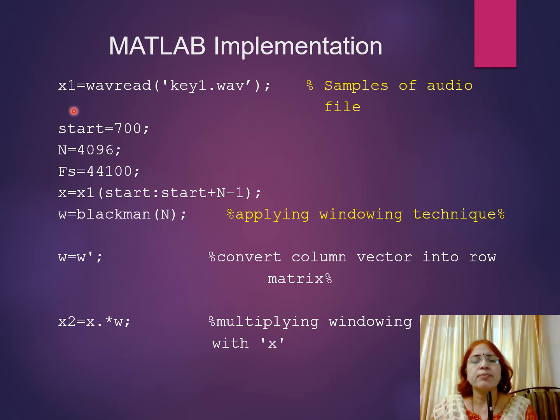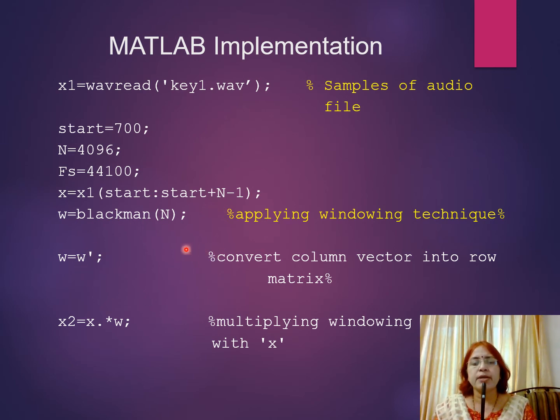X1 are the samples of the audio file. After that we are going to leave the first 700 samples, and then take the next 4096 samples, such that we get the meaningful data of the audio samples. So here one can see we have selected the 4096 samples after leaving the first 700 samples.